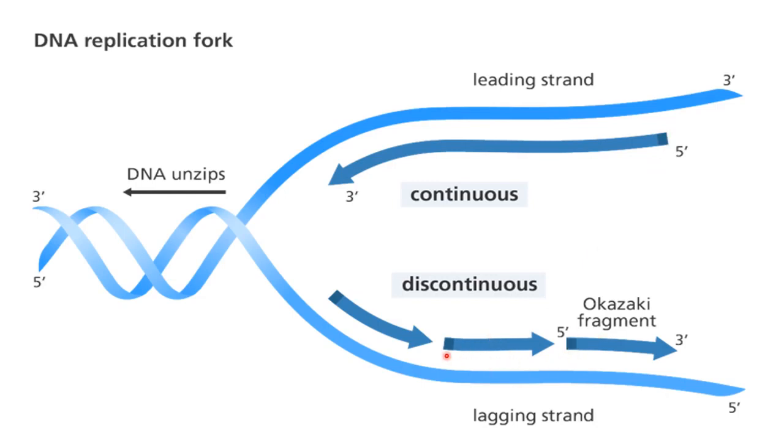So many primers are present in the discontinuous strand. Then DNA polymerase synthesizes the new strands of DNA, continuous as well as discontinuous, in the 5 prime to 3 prime direction. Then one more enzyme is there, DNA ligase. DNA ligase joins these Okazaki fragments to make a continuous strand of DNA.